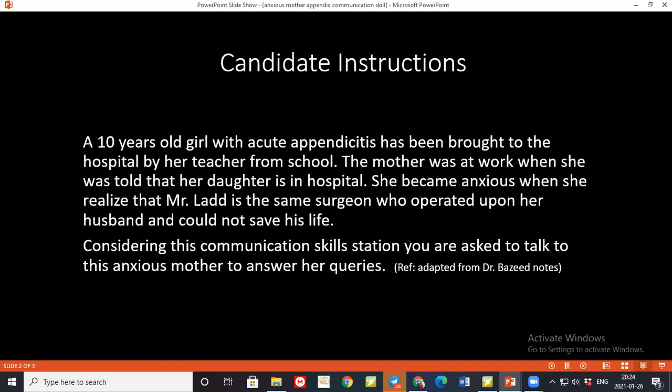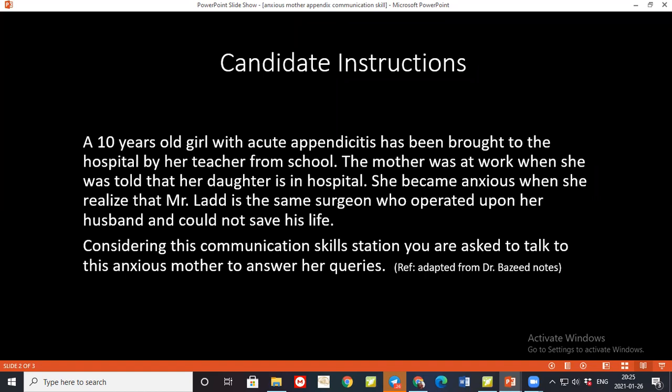Okay, that's fine. Like you said, she has acute appendicitis. So basically, what happened is this: one of our teachers brought her from school to the ER, and after examining her and running some tests, we discovered that she might have acute appendicitis.